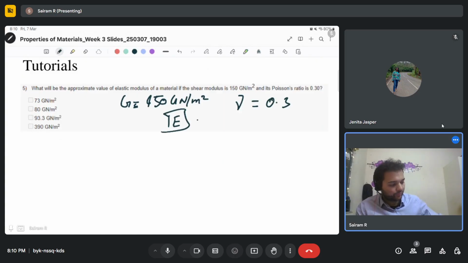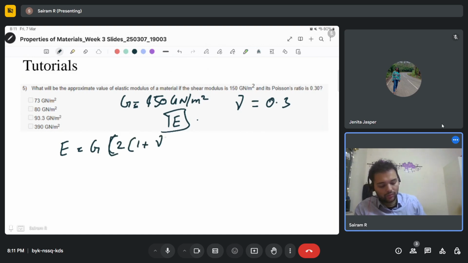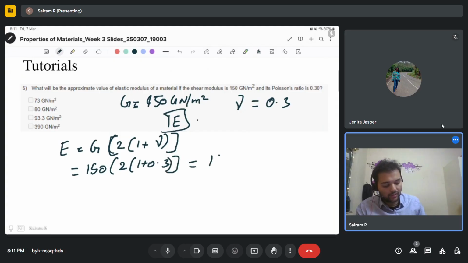We should find out E. We know the relation between E and G: E equals 2G into (1 plus nu). Here E becomes 150 into 2 into (1 plus 0.3), which is 1.3, doubling is 2.6, so 150 into 2.6 becomes 390.